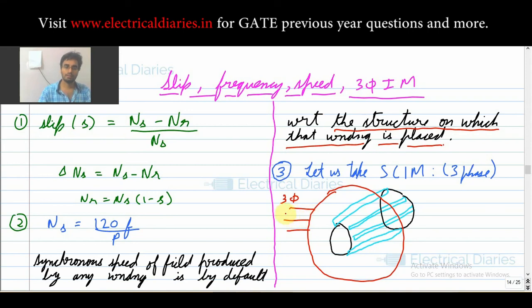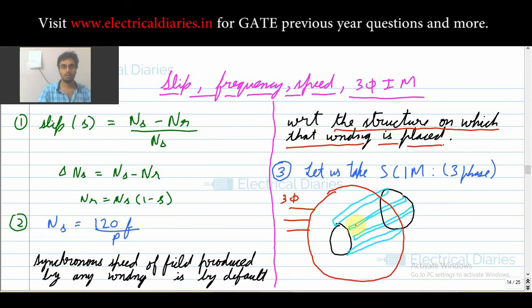When you supply such three-phase current to a three-phase winding, what will happen? A rotating magnetic field will be produced. Now, what is the speed of this rotating magnetic field that is produced in the stator windings? Listen to me carefully and always remember this statement, because it is crucial.